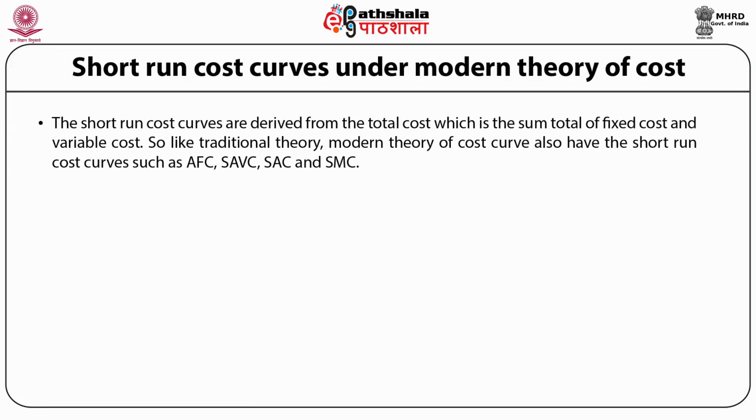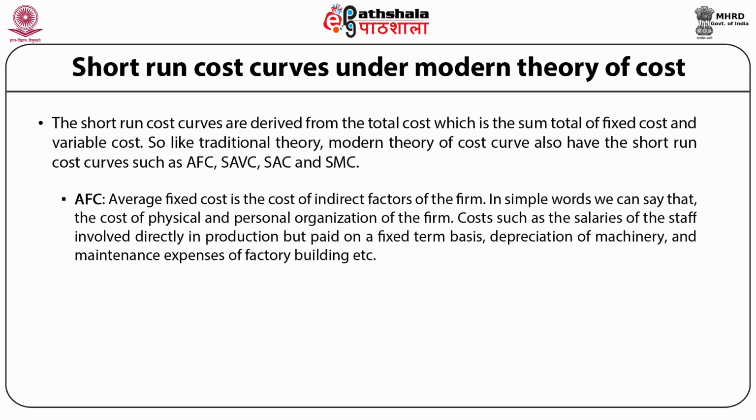The short run cost curves are derived from the total cost, which is the sum total of fixed cost and variable cost. So, like traditional theory, modern theory of cost curves also has the short run cost curves such as AFC, SAVC, SAC and SMC. AFC, average fixed cost, is the cost of indirect factors of the firm.